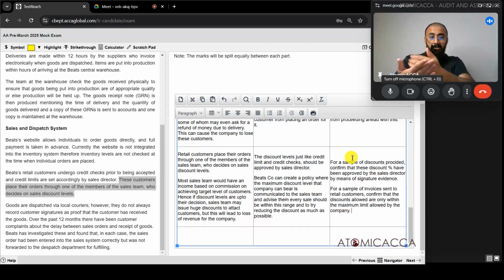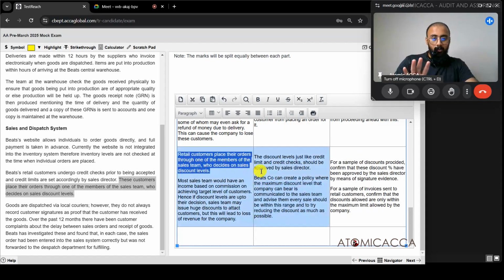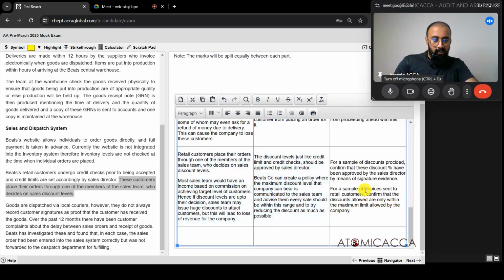So what we are checking in the sales invoice, you're checking that every discounts given is either within that range or maximum up to that range and nothing is beyond this. So it can be confirmed that okay, this policy is also being followed properly. Okay, so that is also sorted.